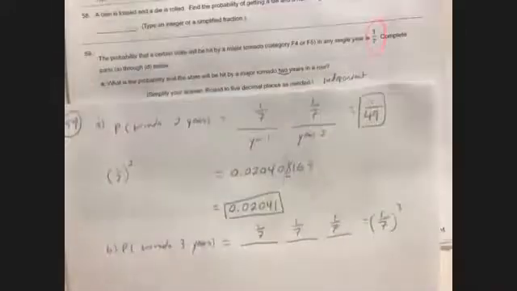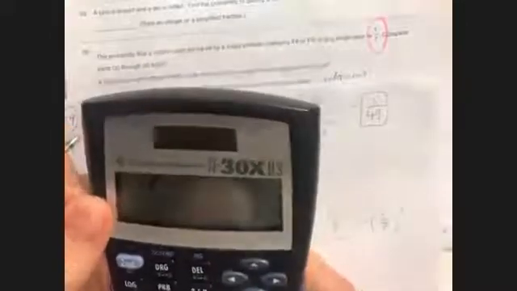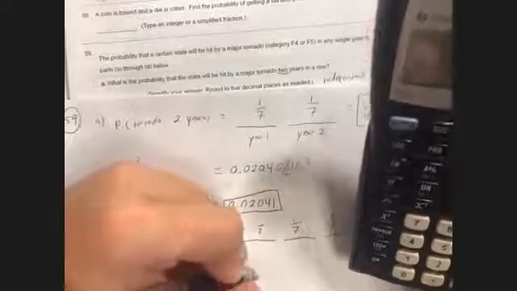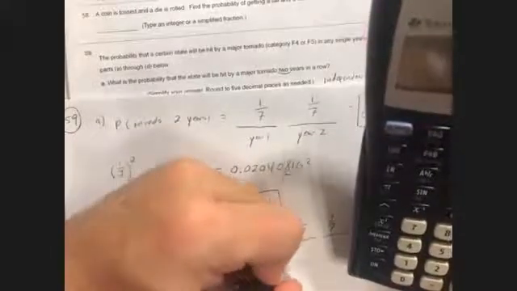So what I'm going to have is 1/7 times 1/7 times 1/7, which I'm going to type in the calculator as 1/7 to the third. 1 divided by 7, I'm going to raise that to the third, and I get this decimal. 0.0029154552.